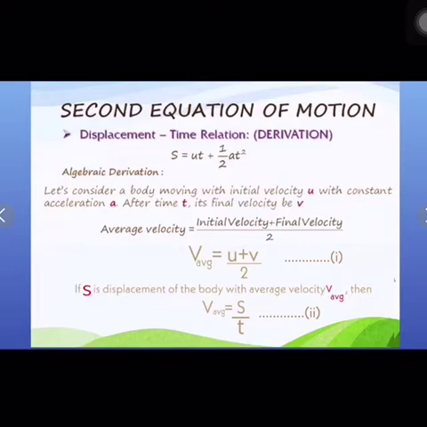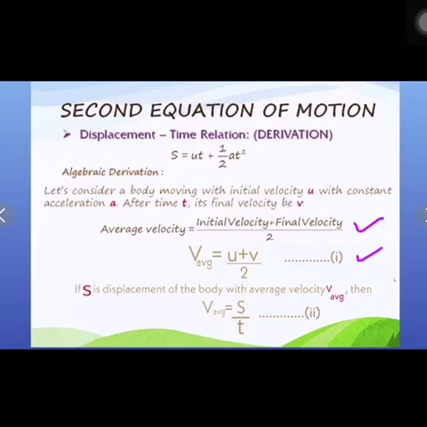Earlier you have studied about average velocity. First of all, you have to write the formula for average velocity, which is initial velocity plus final velocity upon 2, which can also be written as (u + v)/2, where u is the initial velocity and v is the final velocity. Give this equation number 1.